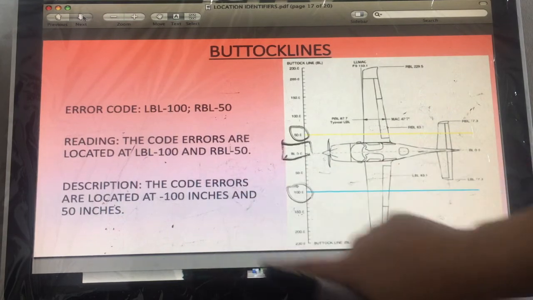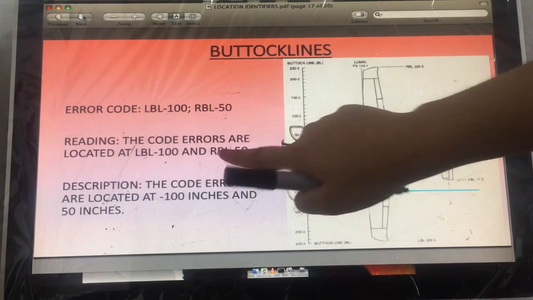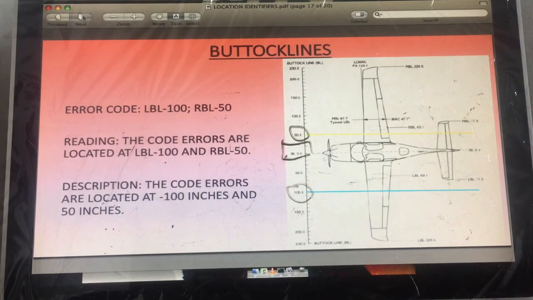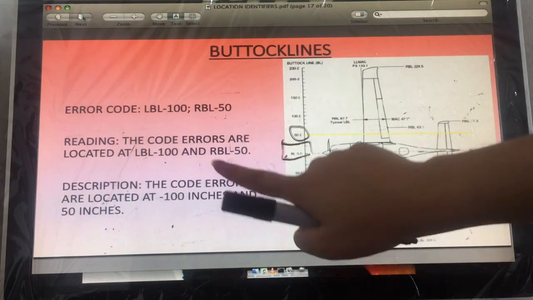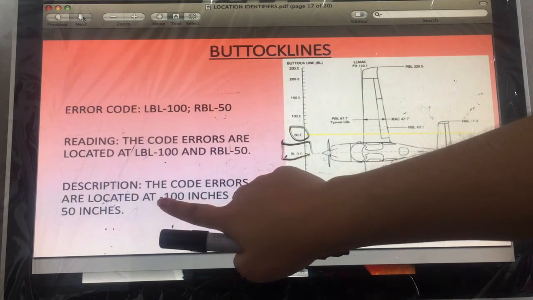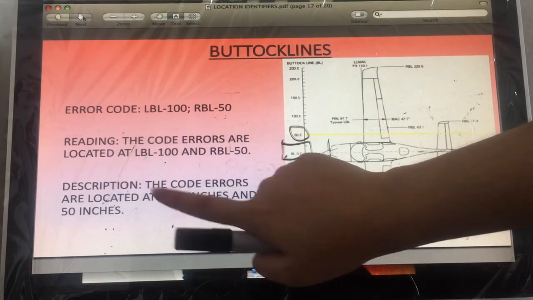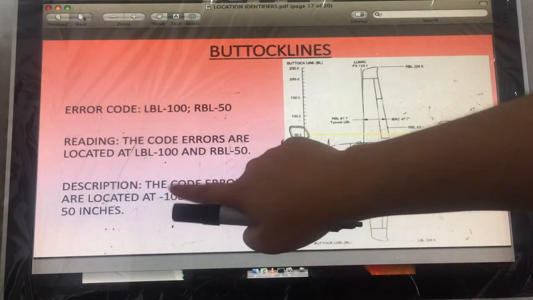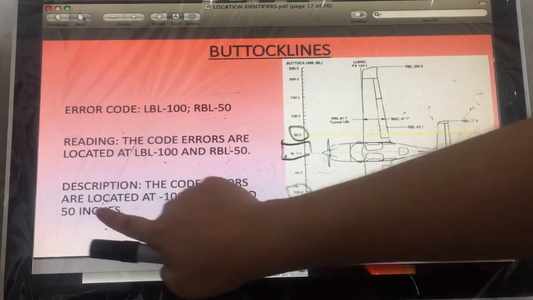And then, this is where it gets different from the fuselage station and the water lines. Kasi dito parang pareho lang, diba? Magkaiba lang yung ginagamit na code, kasi LBL and RBL. So, para malaman natin na nasa buttock line siya, makikita nyo na meron siyang negative value. So, wala kayong ilalagay na reference point automatically kapag buttock line siya. So, the code errors are located at negative 100 inches and 50 inches.